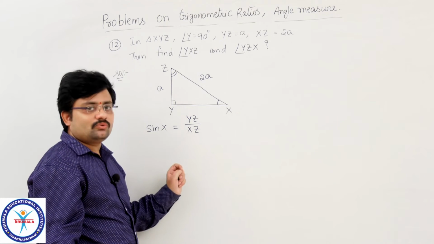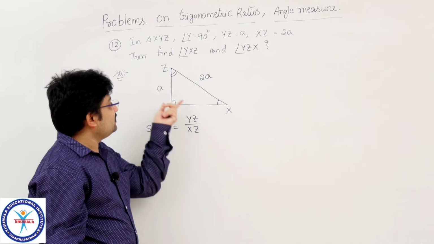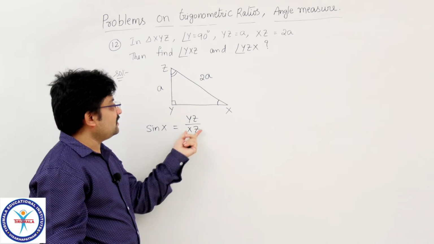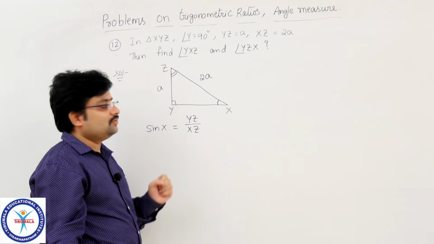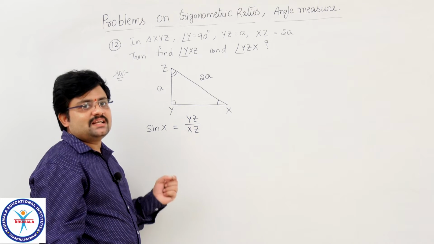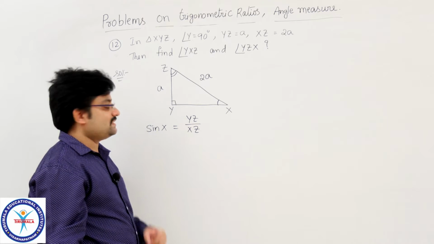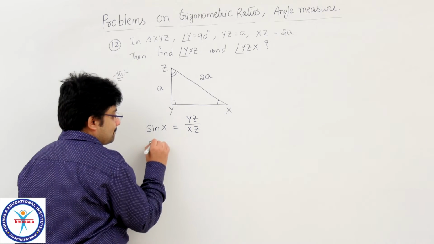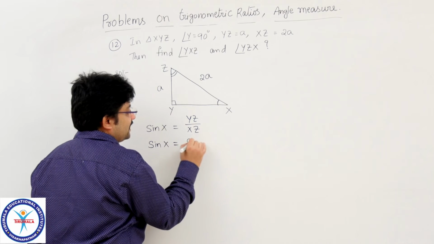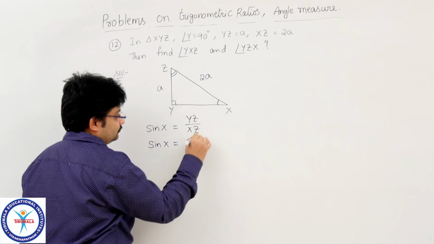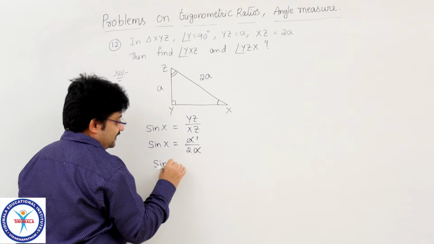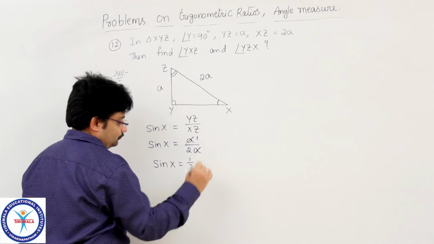The length of YZ is a, the length of XZ is 2a. In order to find out the angle, we have to know at least two known quantities. Therefore, sin X is equal to a by 2a, a and a get cancelled. Therefore, sin X is equal to 1 by 2.